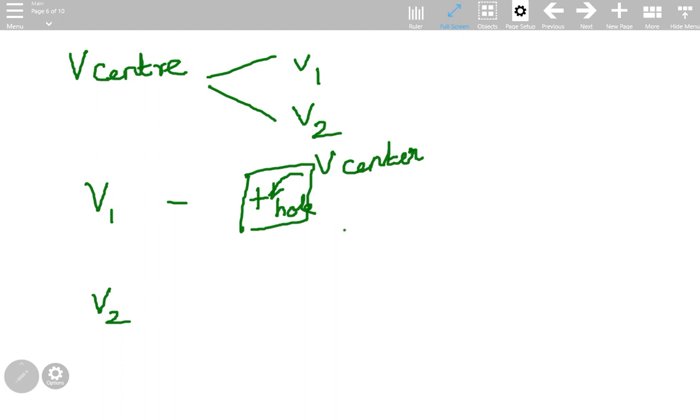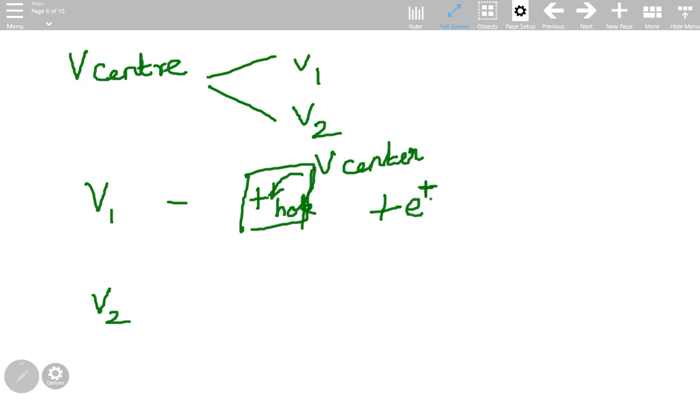So V1 is the combination of two V centers. A hole has occupied the positive site, which I can depict as E plus. Normally we are not supposed to use this E plus, but for understanding purposes we will put it as E plus.